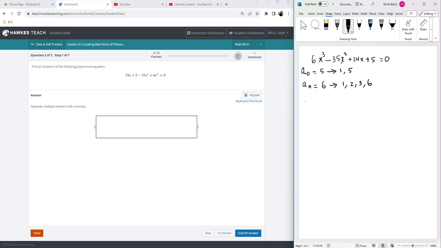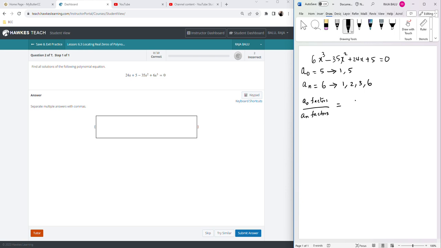As we introduced before, we divide the a0 factors over the an factors and put plus or minus in front, which usually is given to you in the rational zeros examples. But here we have to go about finding actual roots.